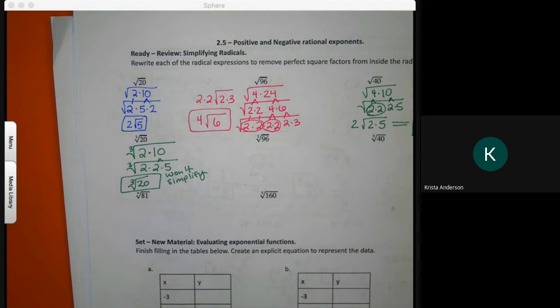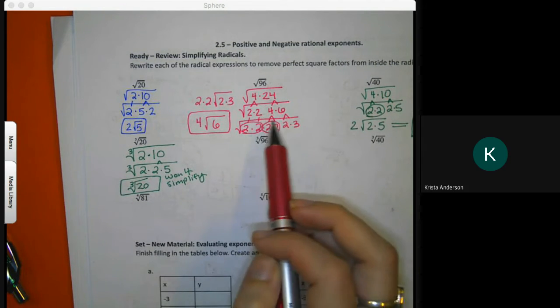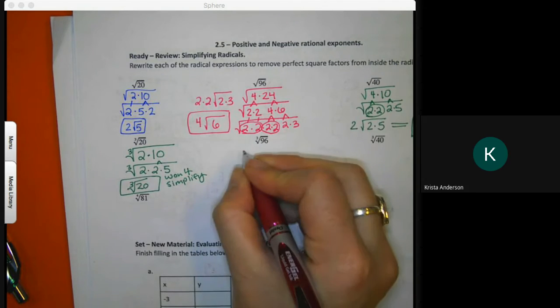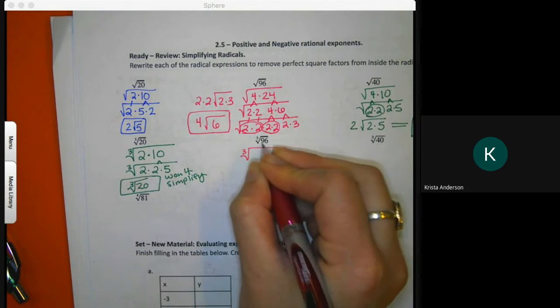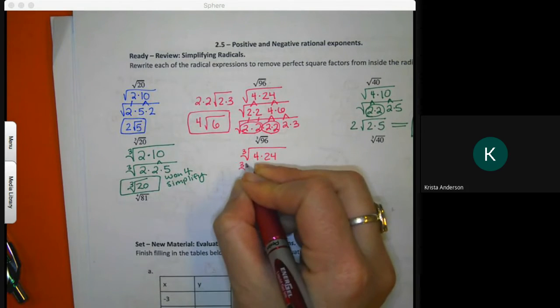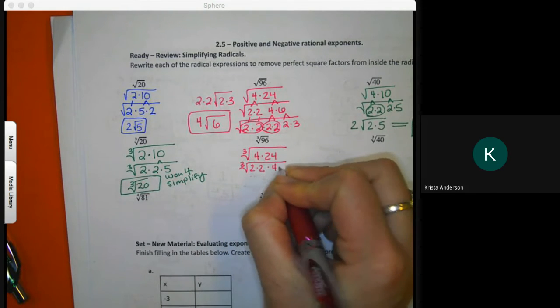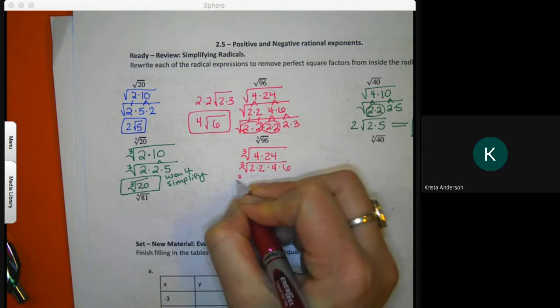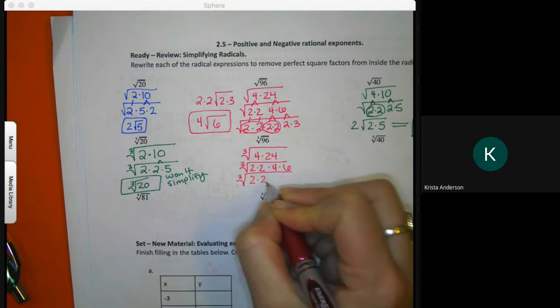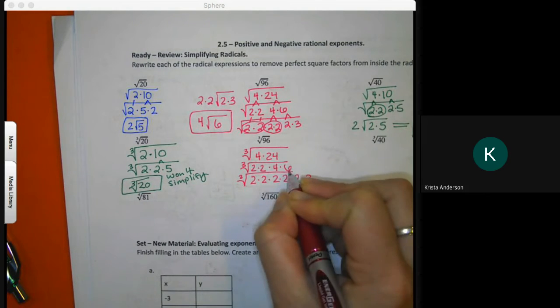All right, with 96, we already broke 96 down. Do you care if I use the same numbers from up here? We broke 96 down to 4 and 24. Then we broke it down to 2 times 2 and 4 times 6: 2 times 2, 2 times 2, 2 times 3.